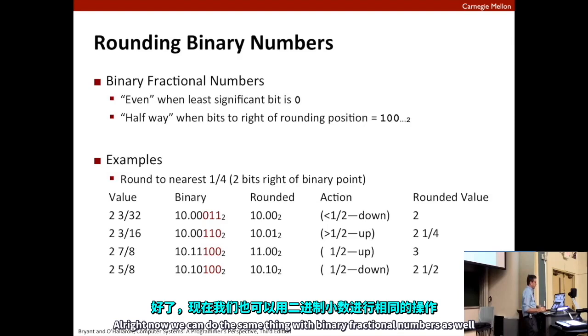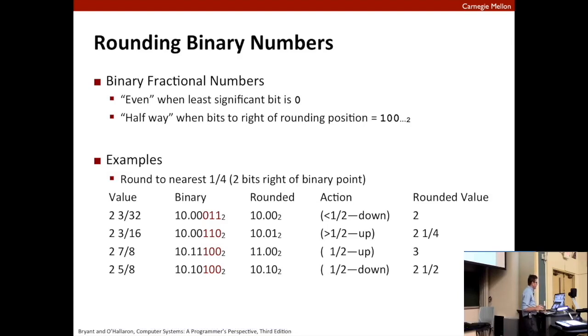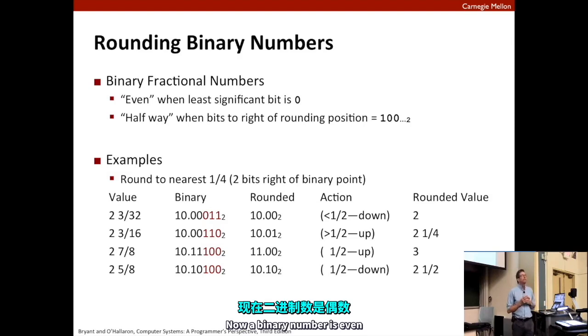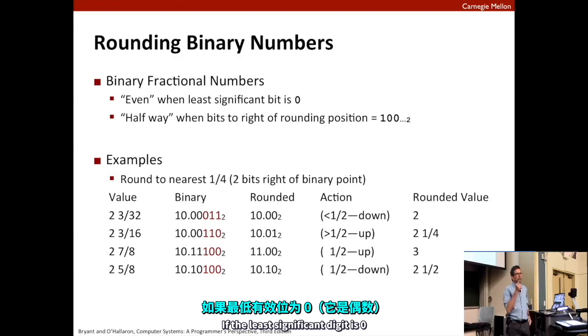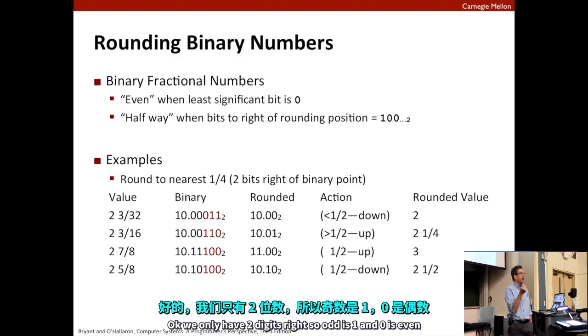All right. Now we can do the same thing with binary fractional numbers as well. A binary number is even if the least significant digit is 0. We only have 2 digits, so odd is 1 and 0 is even.